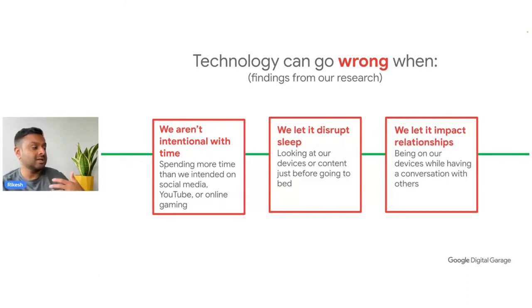So if we're spending more time than we intended on social media, YouTube, because YouTube is a social media platform as well, or we're spending a lot of time online gaming when we probably should be spending a little more time learning about the job role that we're in, or other tasks, or something that can help to further our knowledge on something that might be useful in the future.